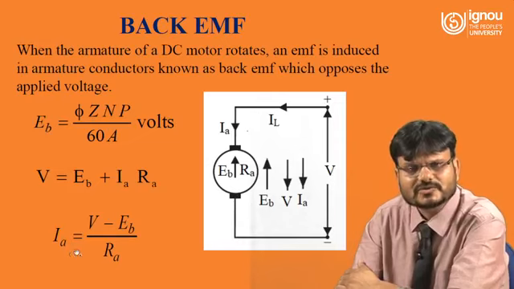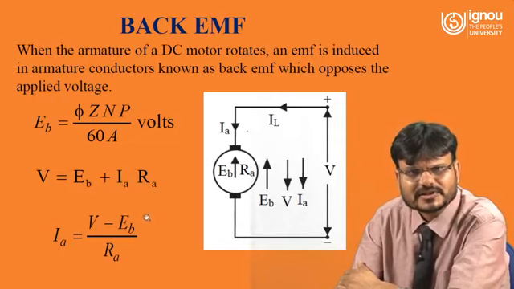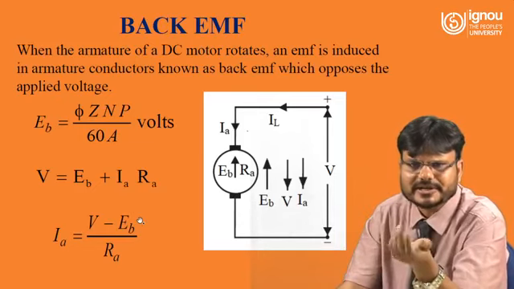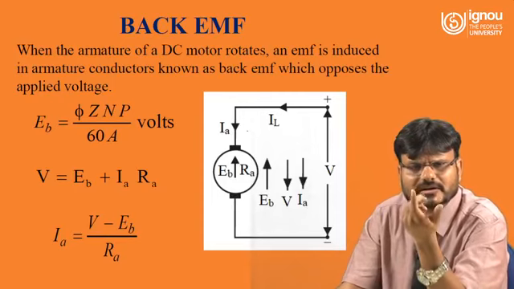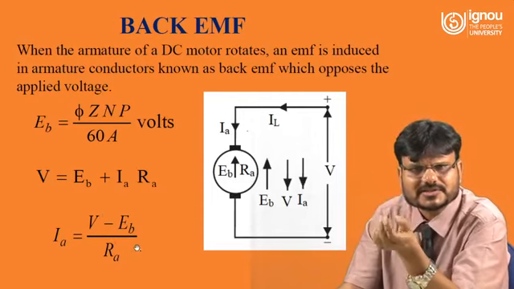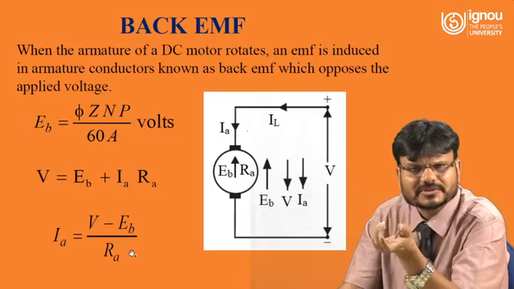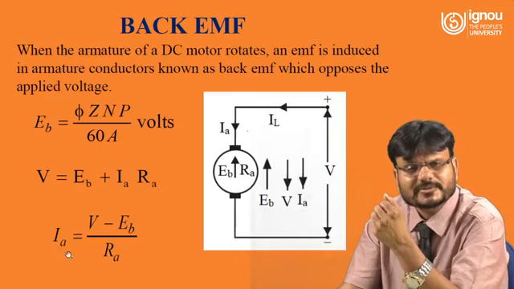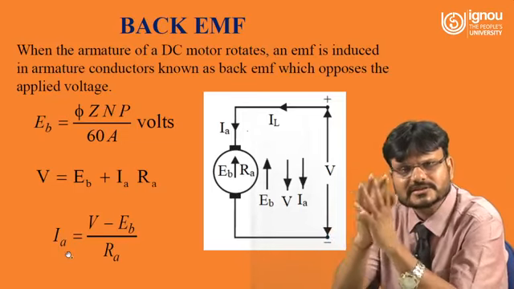So IA is equal to V minus EB upon RA, and this EB is 0, that means this numerator value is very high. Suppose you are applying 230 volts, and this armature resistance is very low, it can be 0.05 ohm. So this value of armature current will be very high when you start the DC motor.